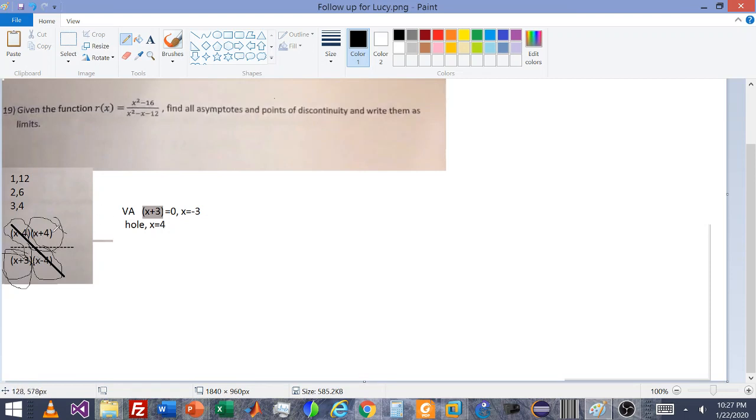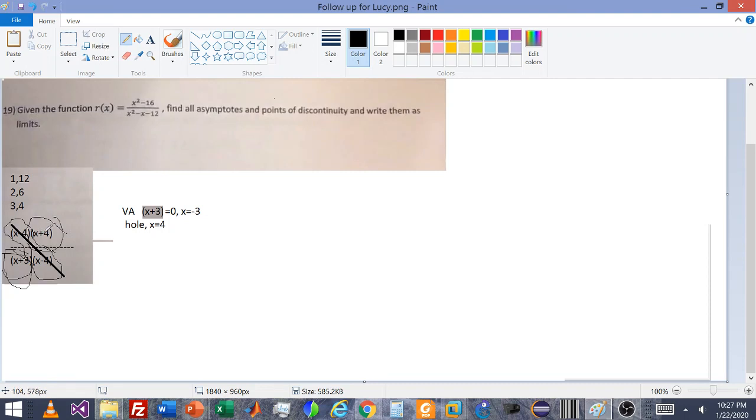What you want to look at is there's basically 3 situations, and the video online addresses this well: where the leading power in the numerator is higher than the leading power in the denominator, or where they have the same power, or where the leading power in the denominator is higher than the leading power in the numerator.